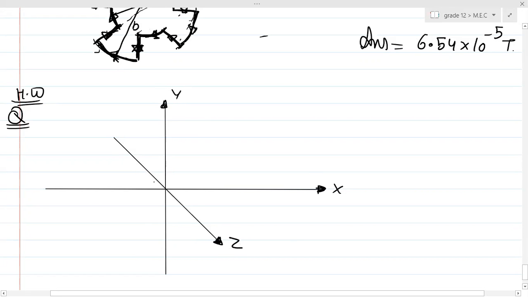So these are your positive x, y, and z. Okay, guys, is this clear? Yes, sir.